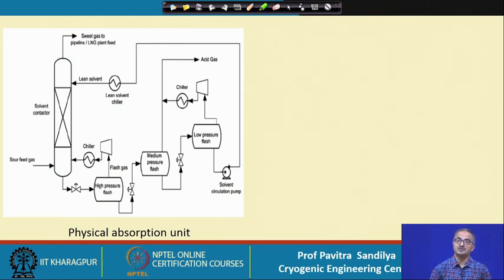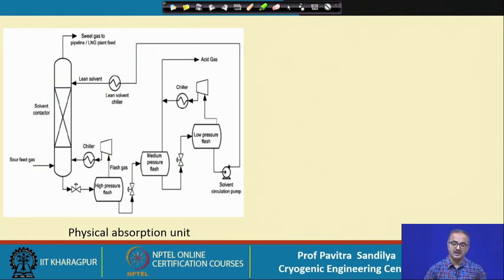This is why it is called lean solvent. When it contacts the upgoing gas, it takes up the carbon dioxide and H2S, and that is how it becomes a rich solvent. Then it is flashed twice at two different pressures, and flashing does not take much energy.